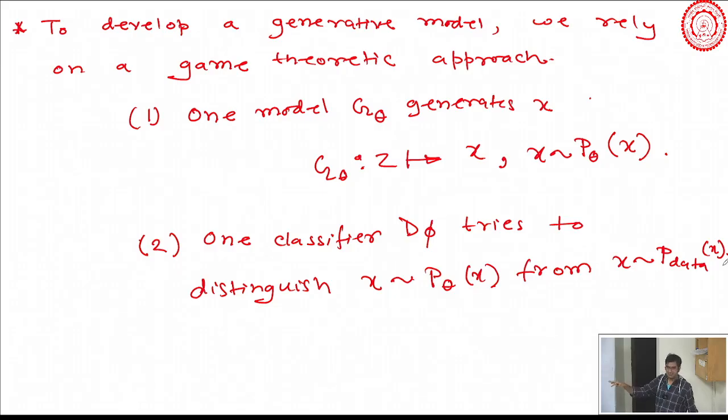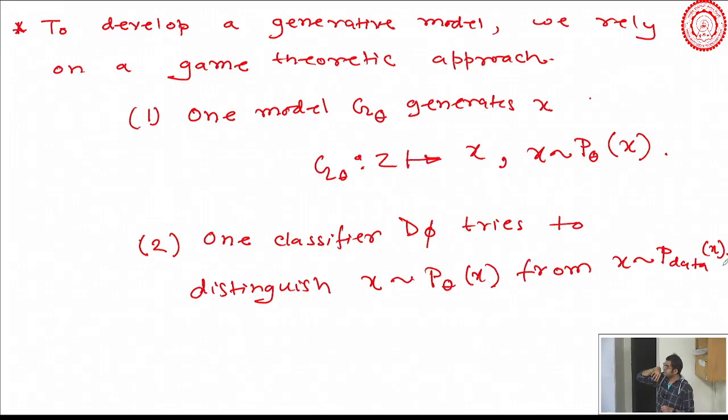So what is the classifier trying to do? When you're training this model, it will try to classify so that the data that is getting generated should not be classified as true data. And then it's a game between the two. Why is it a game?